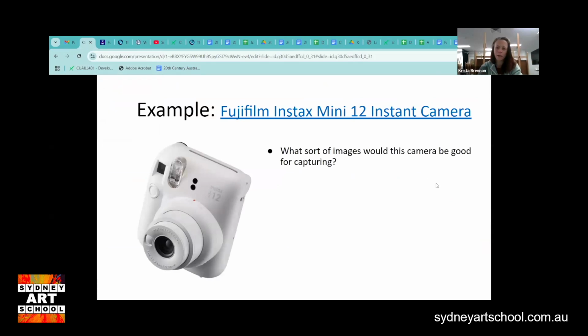So talking about this particular example, what sort of images would this camera be good for capturing? Has everyone used this kind of camera before? Yes, with friends, capturing sleepovers. Yeah.